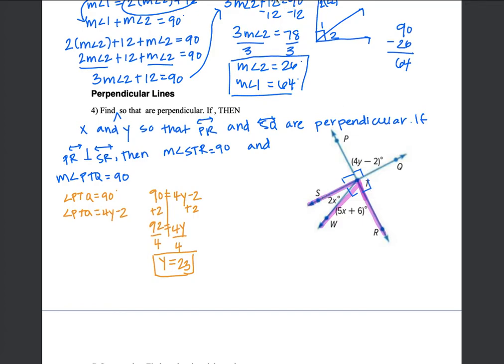If I want to write that in words, I can say angle STW plus angle WTR make up angle STR. And remember, angle STR is equal to 90 degrees if the lines are perpendicular.